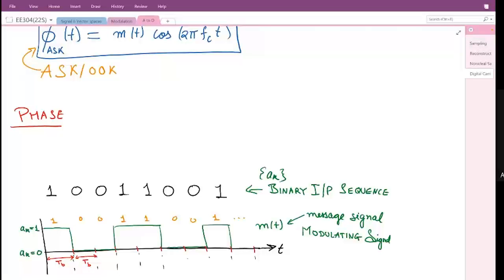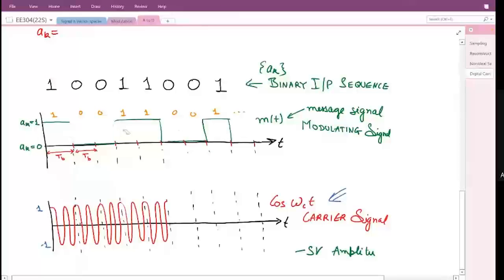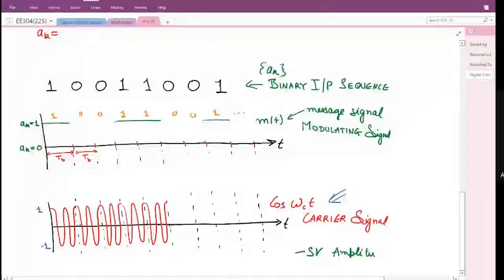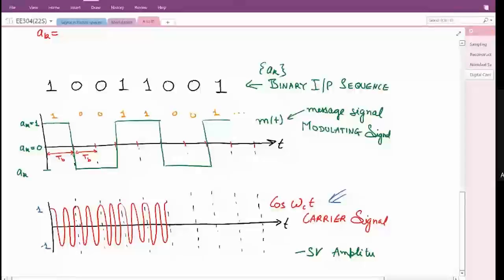So effectively, instead of using this pulse, what we can do is use this pulse, and say this is AK equal to minus 1.